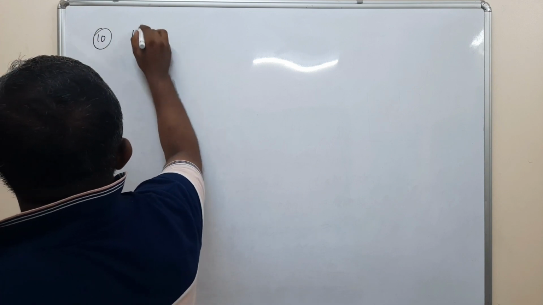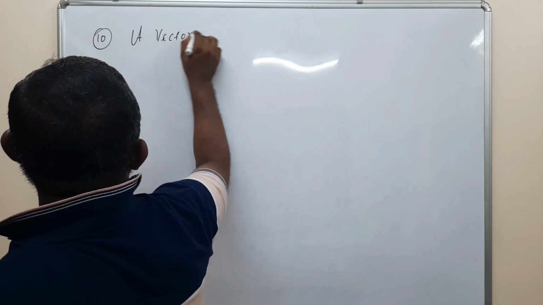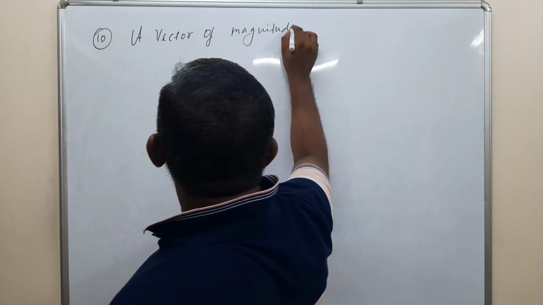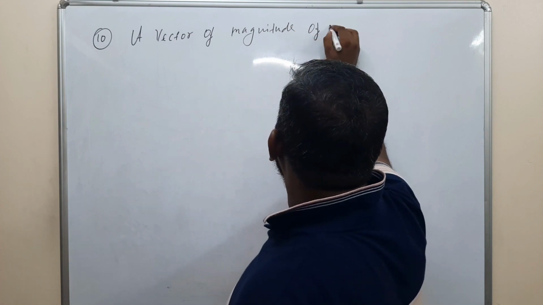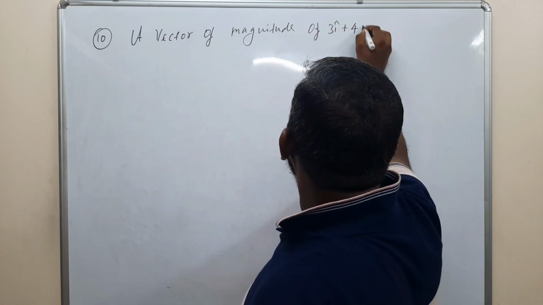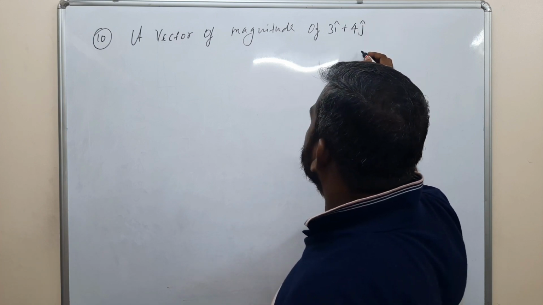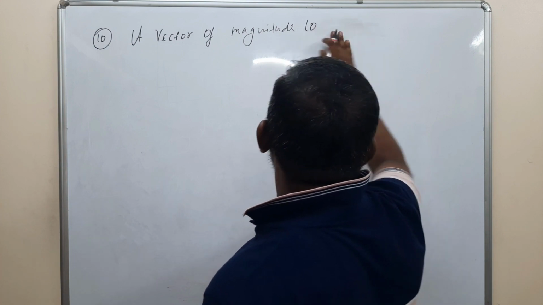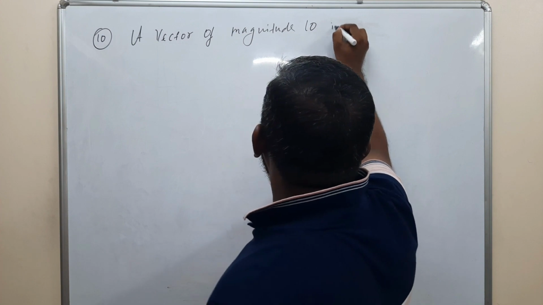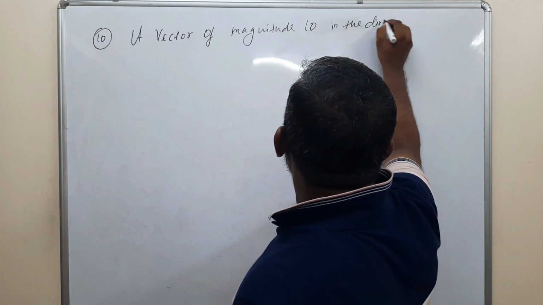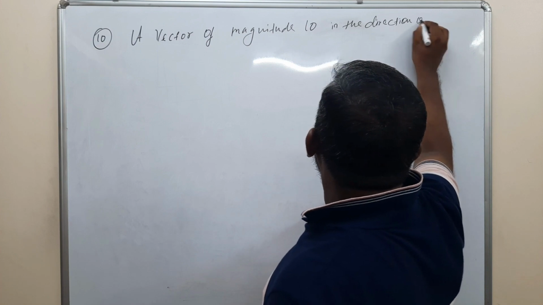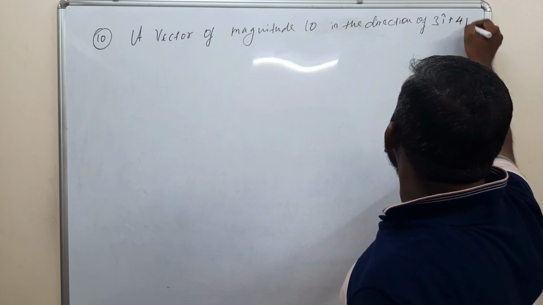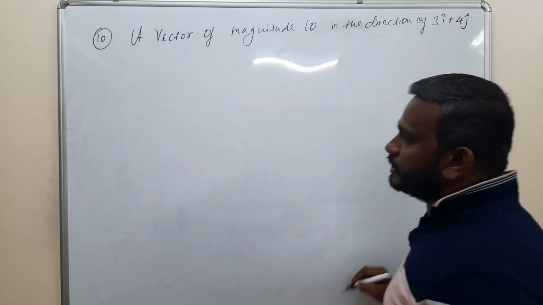Tenth question. A vector of magnitude 10 in the direction of 3i cap plus 4j cap.